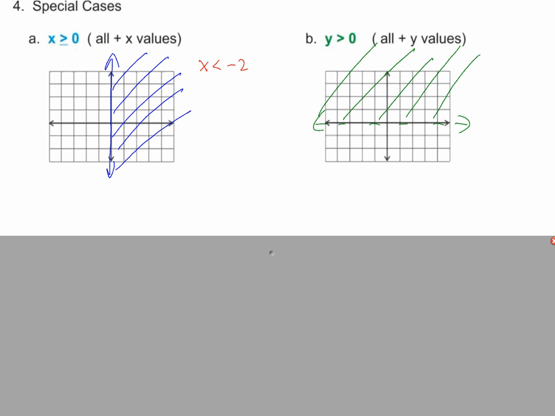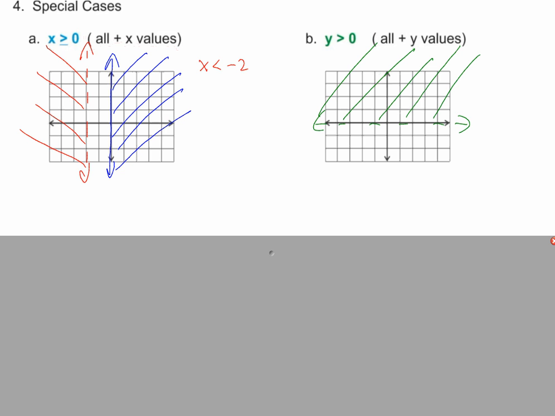And through what coordinate? X equals -2. And am I going to shade to the left or to the right? To the left. Isn't every x coordinate shaded less than -2? Does that make sense?